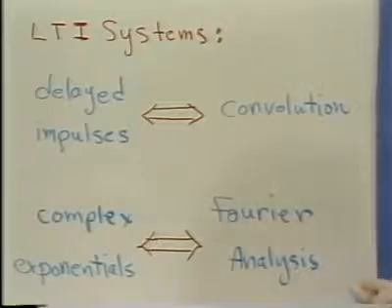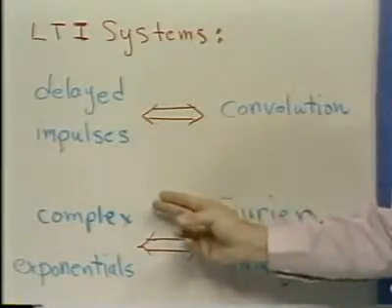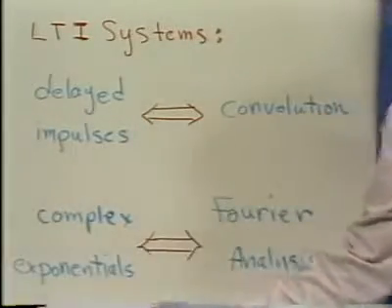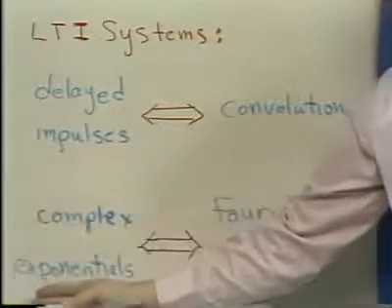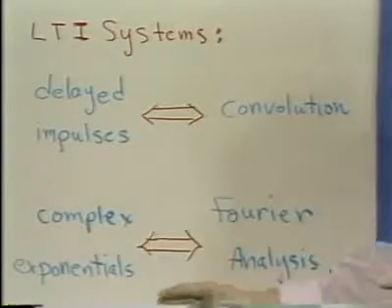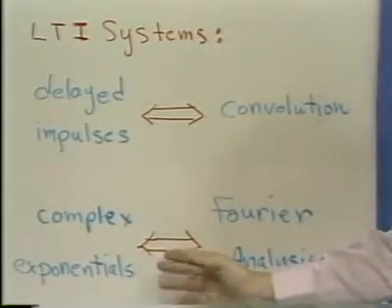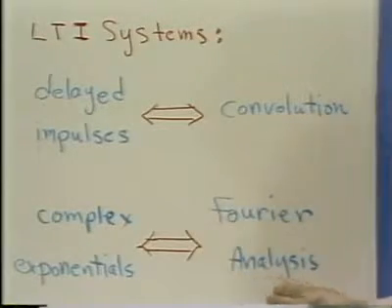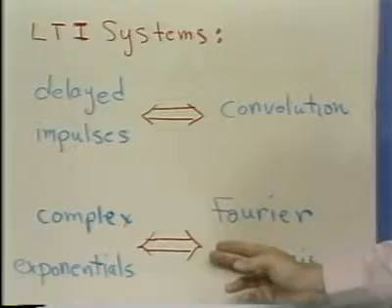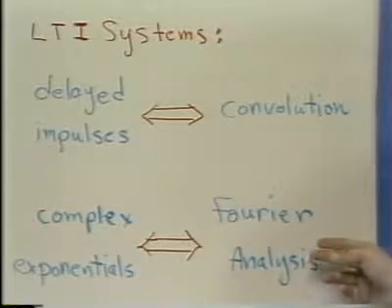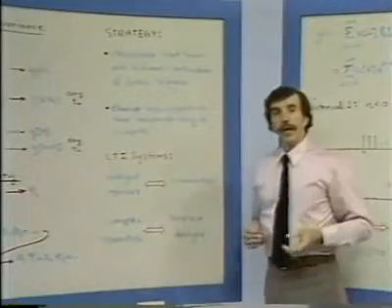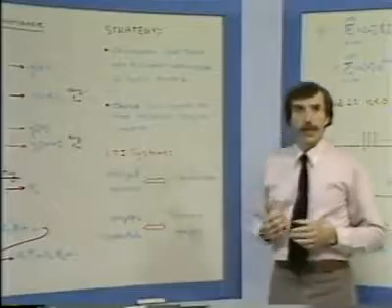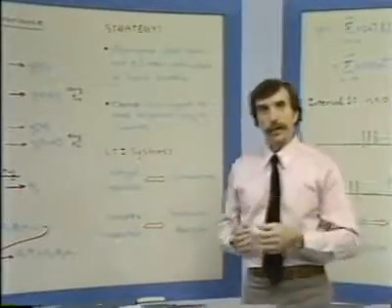A second is a decomposition of inputs into a linear combination of complex exponentials, and that leads to a representation of signals and systems through what we'll refer to as Fourier analysis. Now, Fourier analysis will be a topic for a set of later lectures.